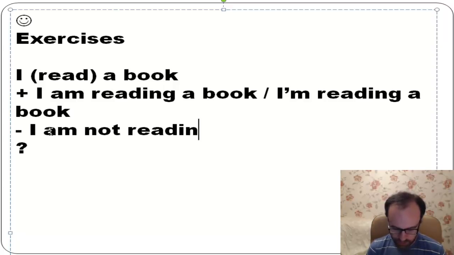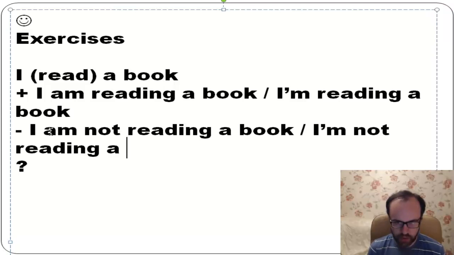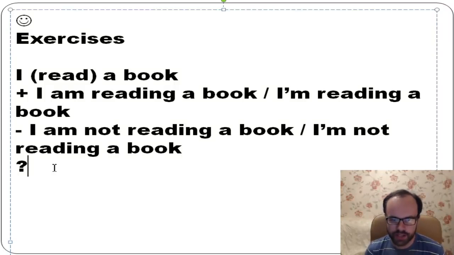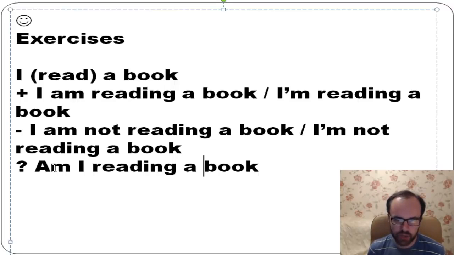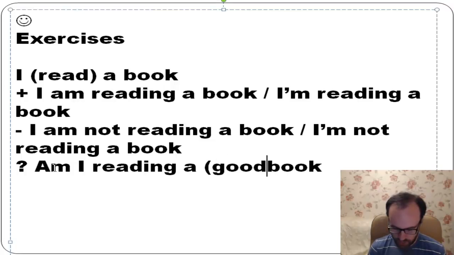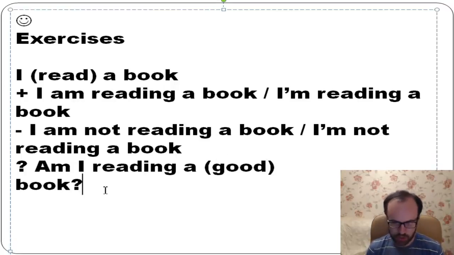I'm not reading a book. Okay? Let's ask a question. Am I reading, for example, a book, or am I reading a good book? Am I reading a good book?